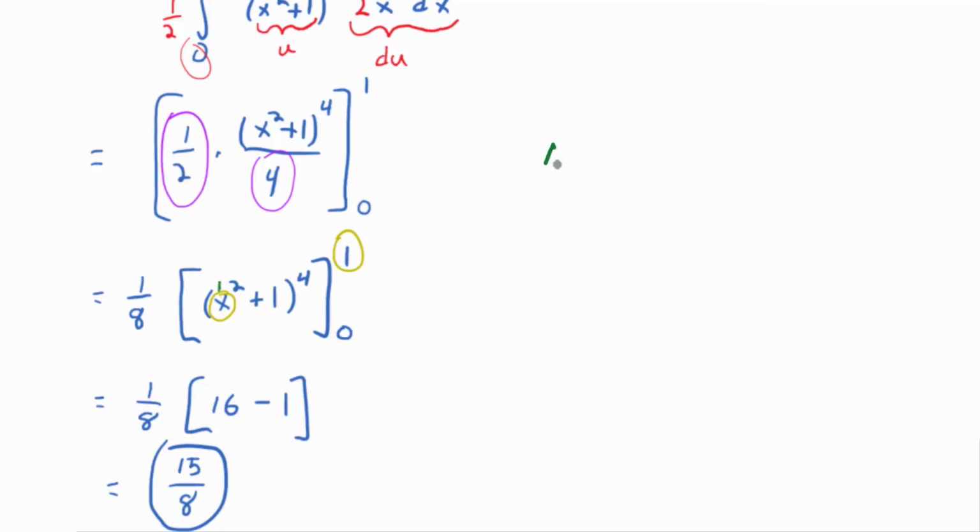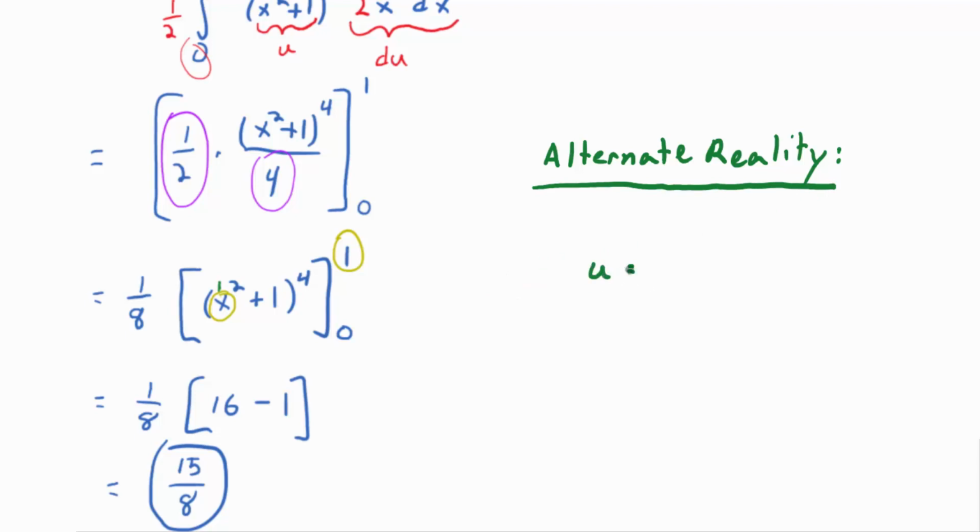In an alternate reality, let's call it, maybe we would have done it this way. We could have actually said, let u equal x squared plus 1. And then, as we previously observed, du is 2x dx, isn't it?